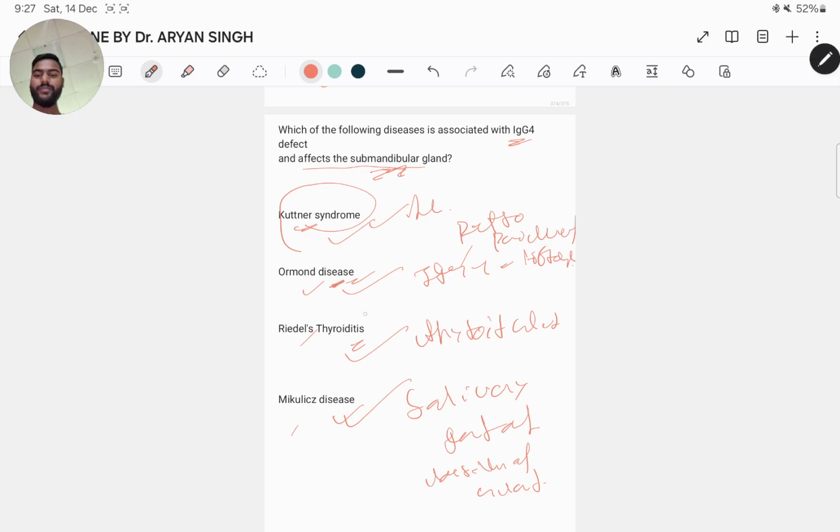Riedel thyroiditis involves the thyroid gland, not the submandibular gland. The name has thyroiditis, so which gland will it affect? The thyroid gland. And Mikulicz disease involves the salivary gland and lacrimal gland. Once again, the important question: if they ask which IgG4 disease involves the submandibular gland, it is Kuttner syndrome. Ormond disease is retroperitoneal fibrosis. Riedel thyroiditis affects the thyroid. Mikulicz disease affects the salivary gland and lacrimal gland.